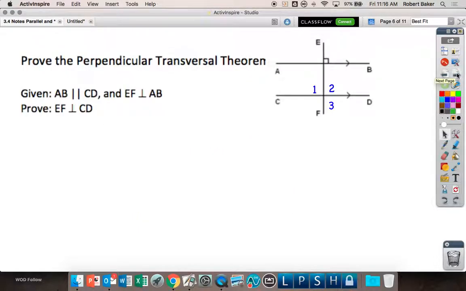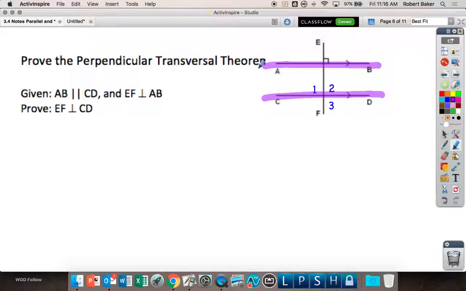So we're going to talk about this. We're not going to write it down. It says, prove the perpendicular transversal theorem. Right now, you know that AB and CD are parallel. You know that this line and this line are parallel.